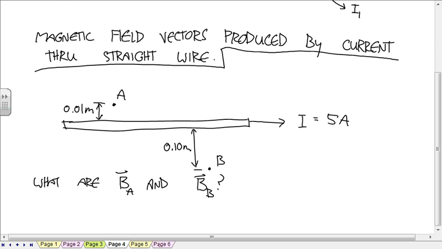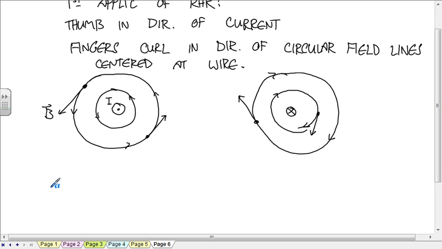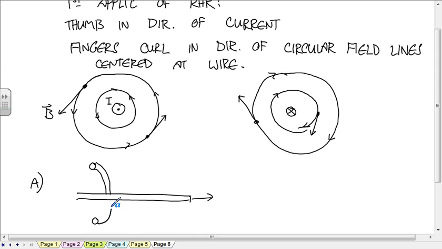And so for part A, if your thumb is going this way, then the field lines, you can think of them as like a circular path that is out at the top and in at the bottom, okay?